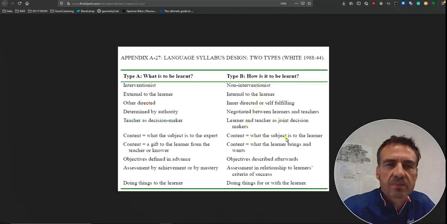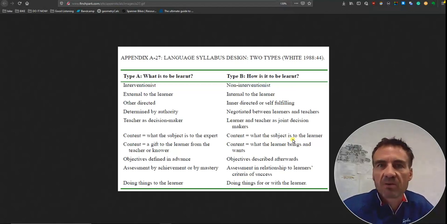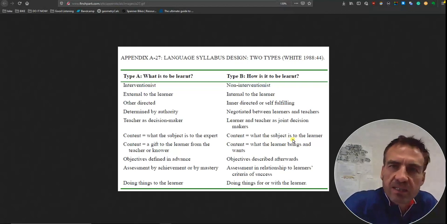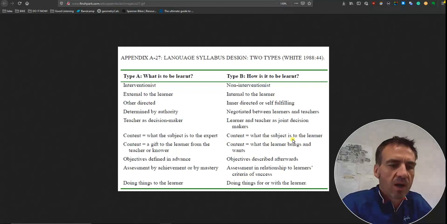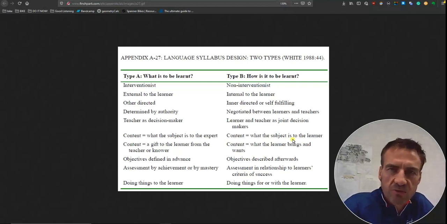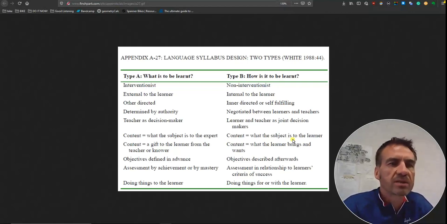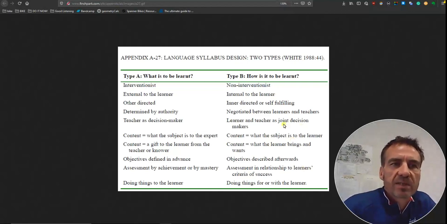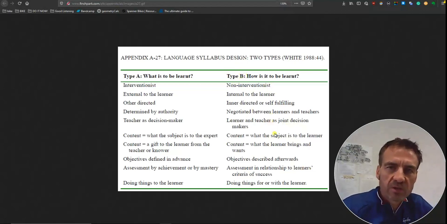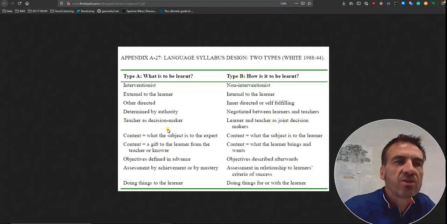So if we go to B, the content, what the subject is to the learner. So if you say today we're going to make a birthday party, and students have to create how they're going to celebrate, who they're going to invite, what food they're going to have. That would be this analytic or type B. There's a lot wider range of language. It's not in your control as much.